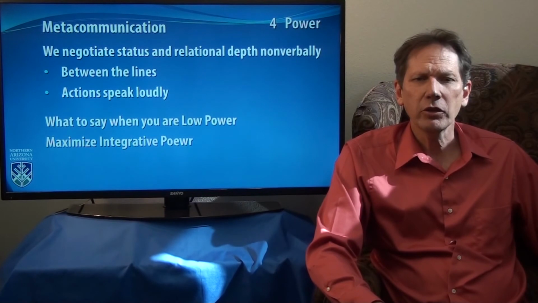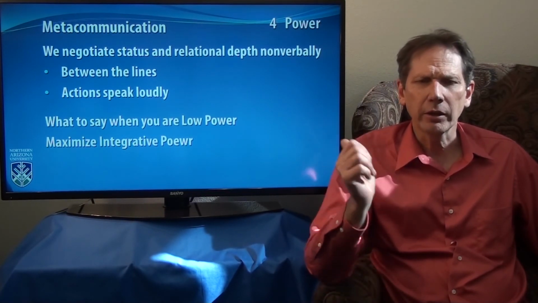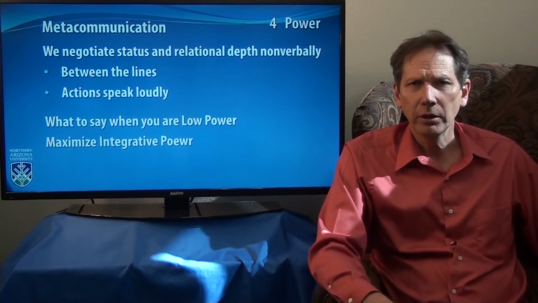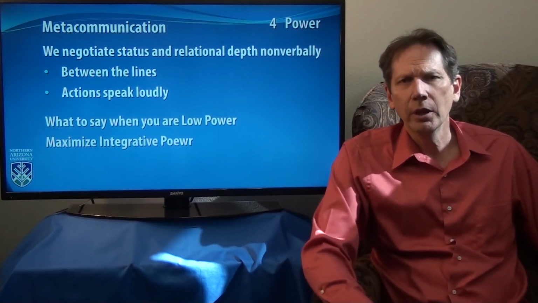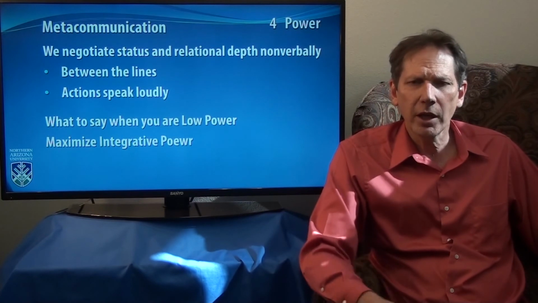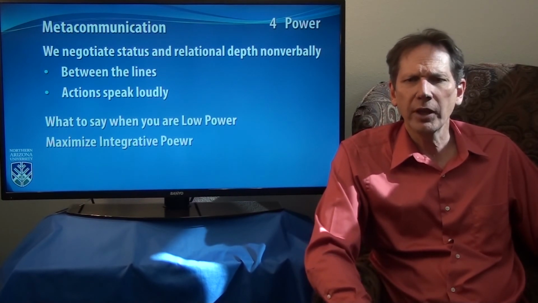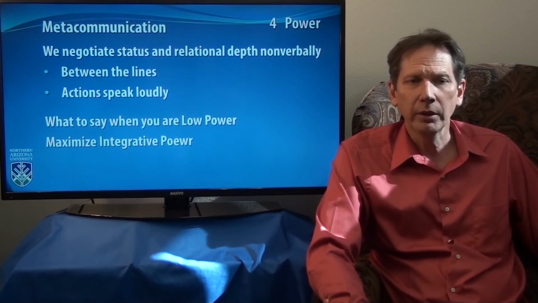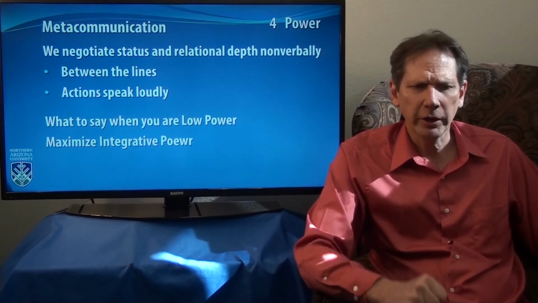And these messages happen in two ways. And it's the second line here. We negotiate status non-verbally through meta messages, and we negotiate and maintain our relational depth through these meta messages non-verbally. Relational depth. How good of friends are we? How solid are you here at the company?